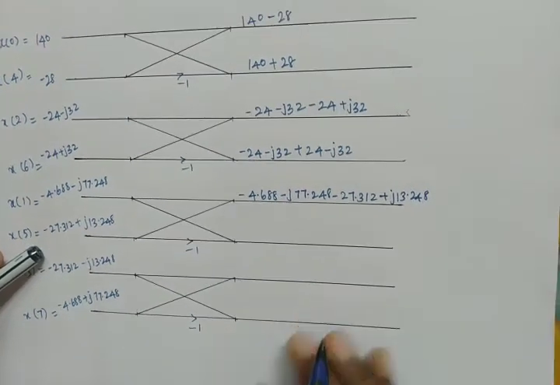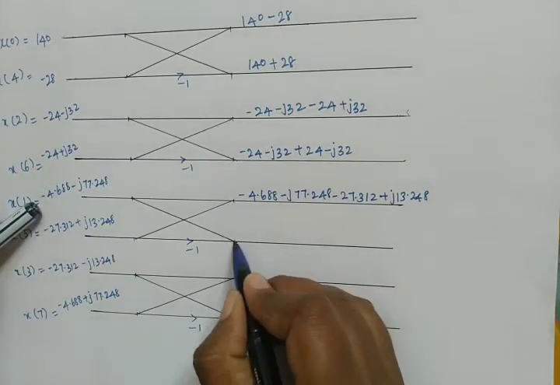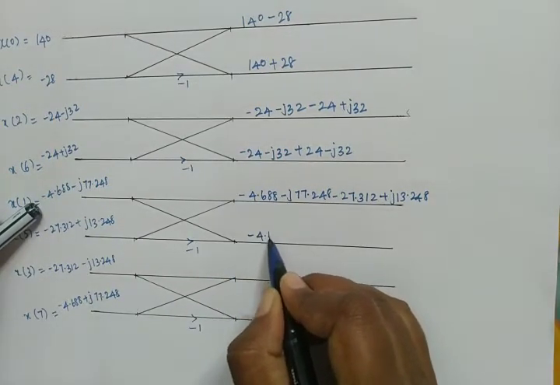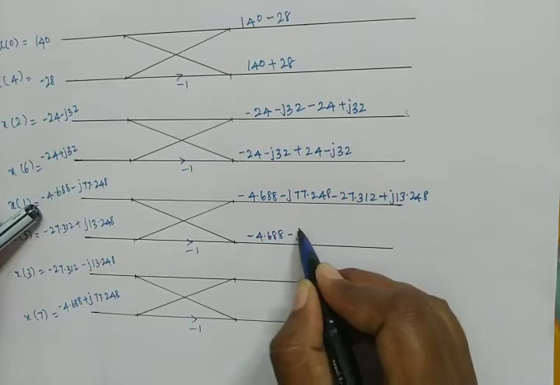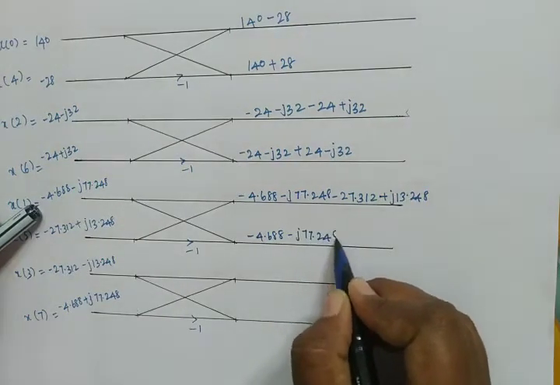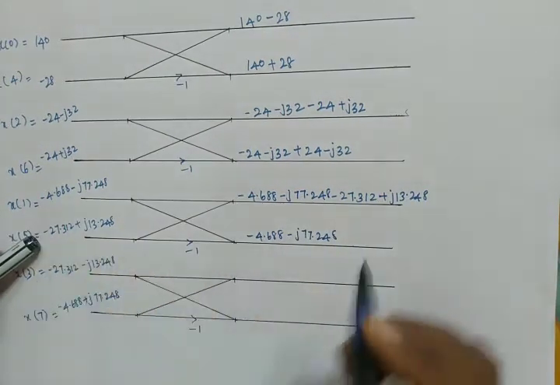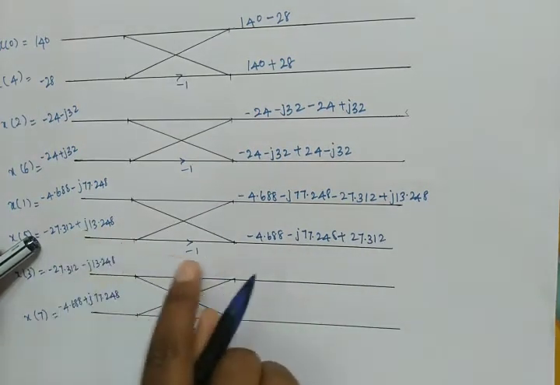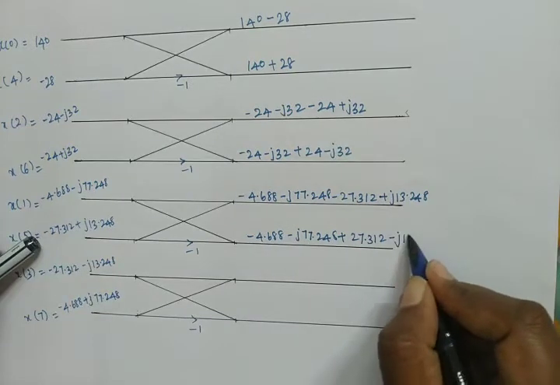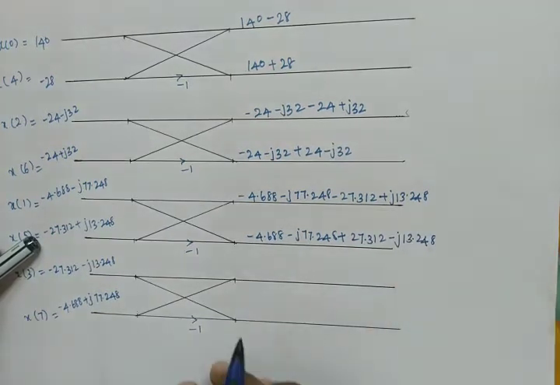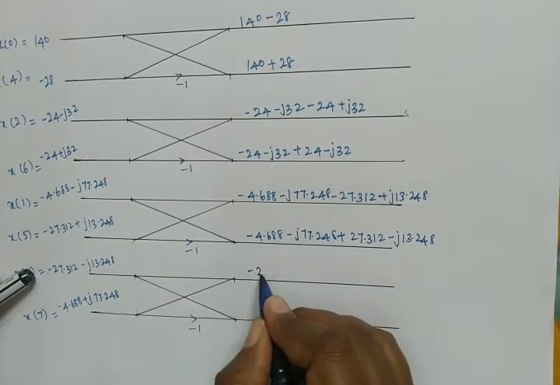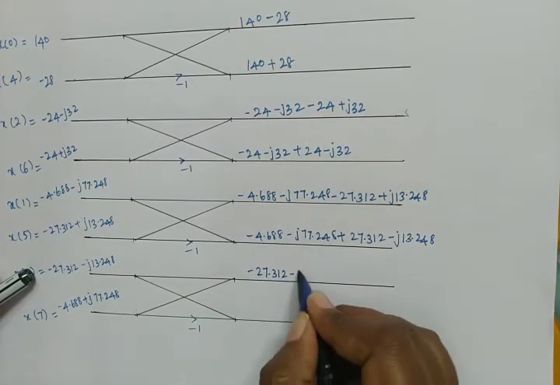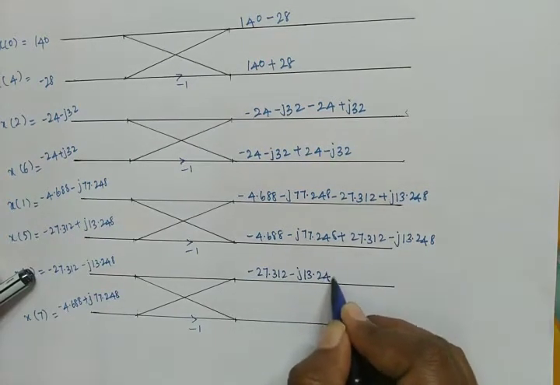Then next, minus 4.688 minus j 77.248, and here minus into minus will be plus 27.312, plus into minus will be minus j 13.248. Then next, minus 27.312 minus j 13.248.